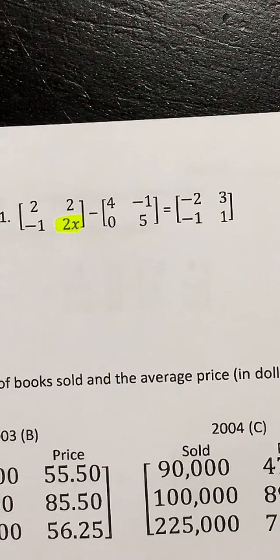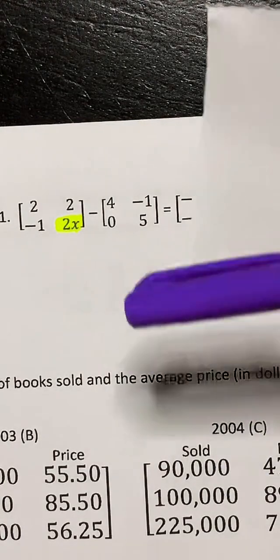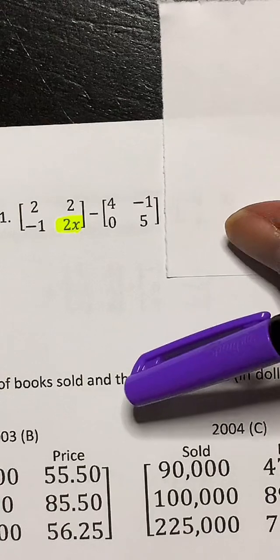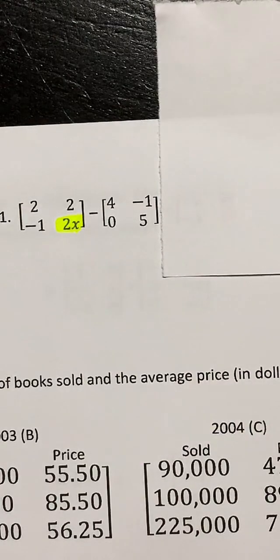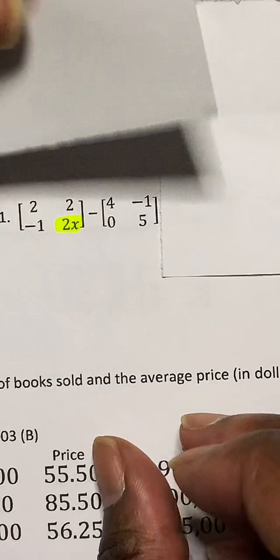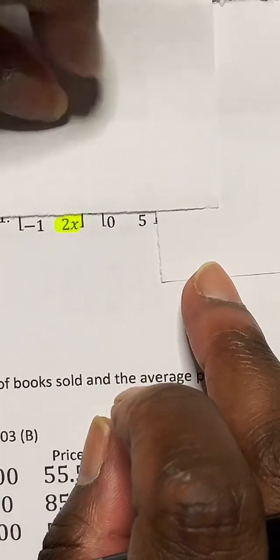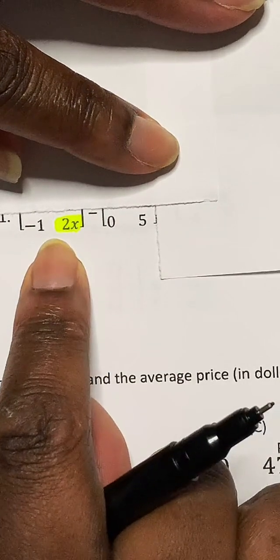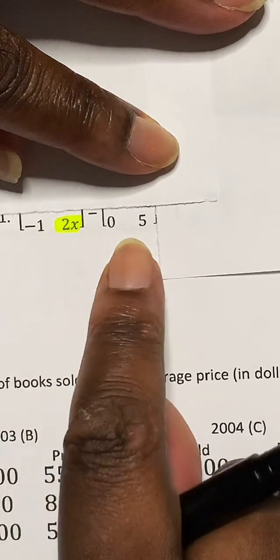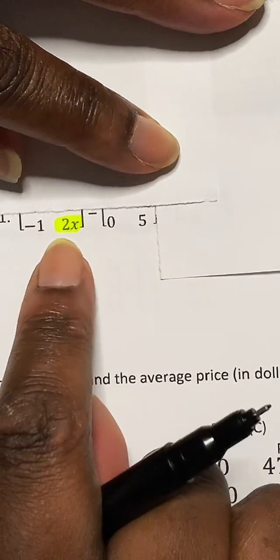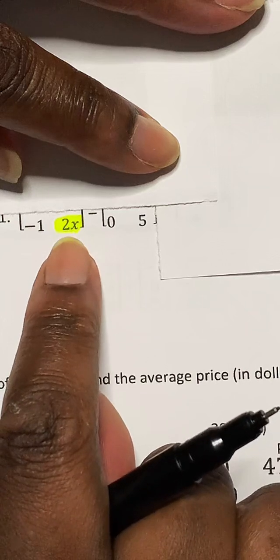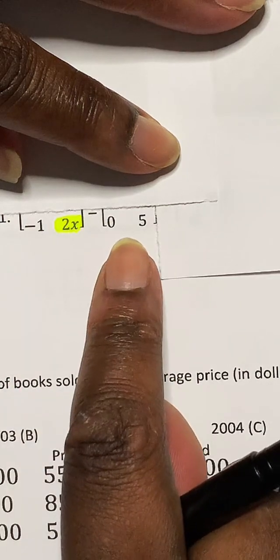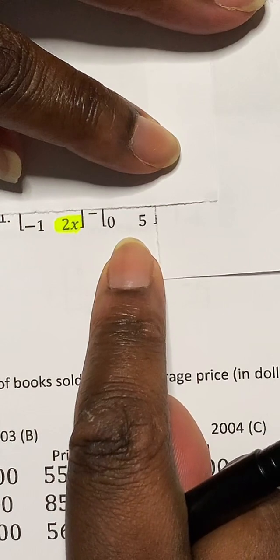Got to rip paper here. All right. So we're going to ignore this side for just a moment. And we're going to ignore up here for just a moment. Okay. So this is one matrix. This is another. What's in the same spot of 2x in this matrix?